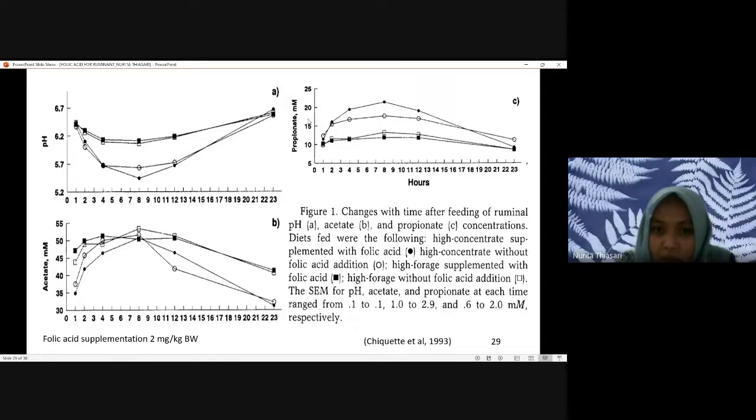So about the propionate, with the addition of folic acid in a high concentrate diet, it will improve or increase the concentration of the propionate comparing with without the addition of folic acid.